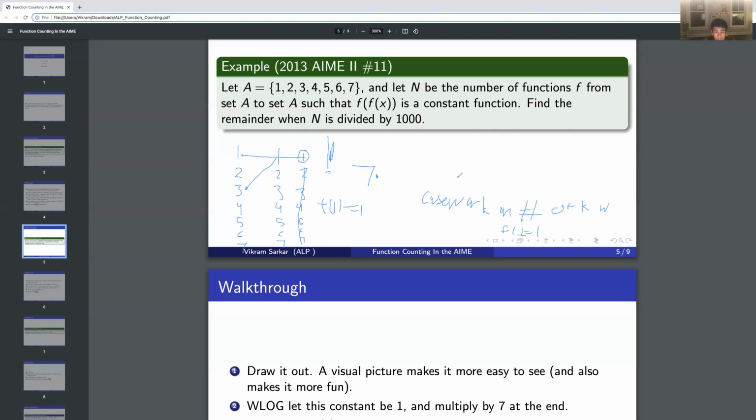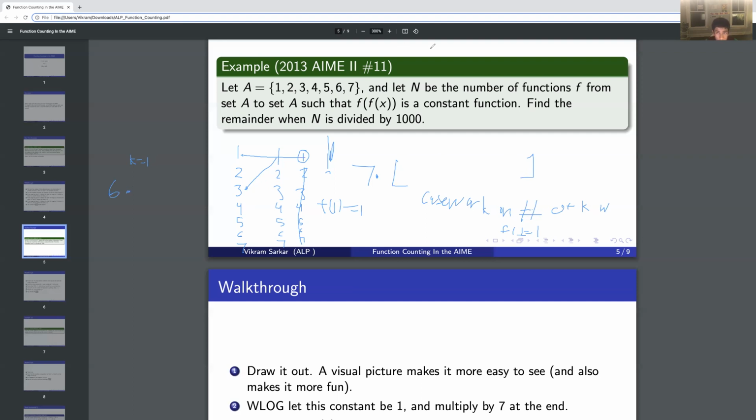And okay, so let's say k is 1, right? Then, for example, let there be a lucky number from 2 to 7 that goes to 1. How many choices are there for that? 1, 2, 3, 4, 5, 6. 6 choices.